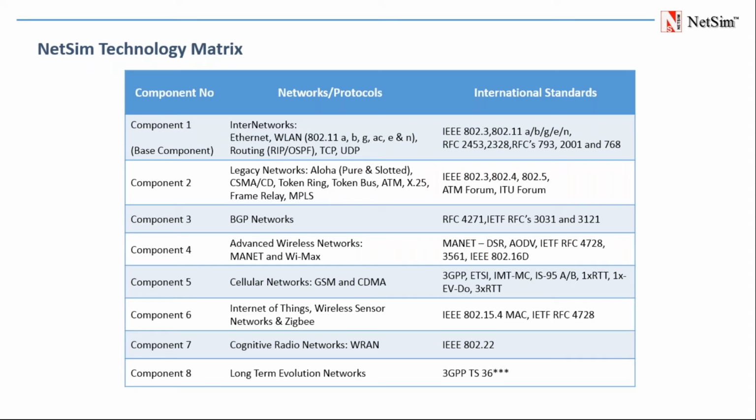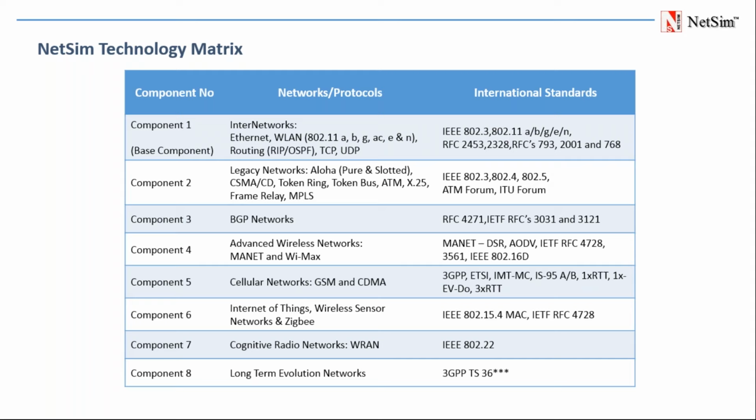Now this is the technology matrix of NetSim. NetSim is divided into modules or components. In the standard version, users can make a selective choice while using NetSim. This is a list of the contents of each component and the corresponding IEEE and IETF standards referred to during implementation of the protocols.